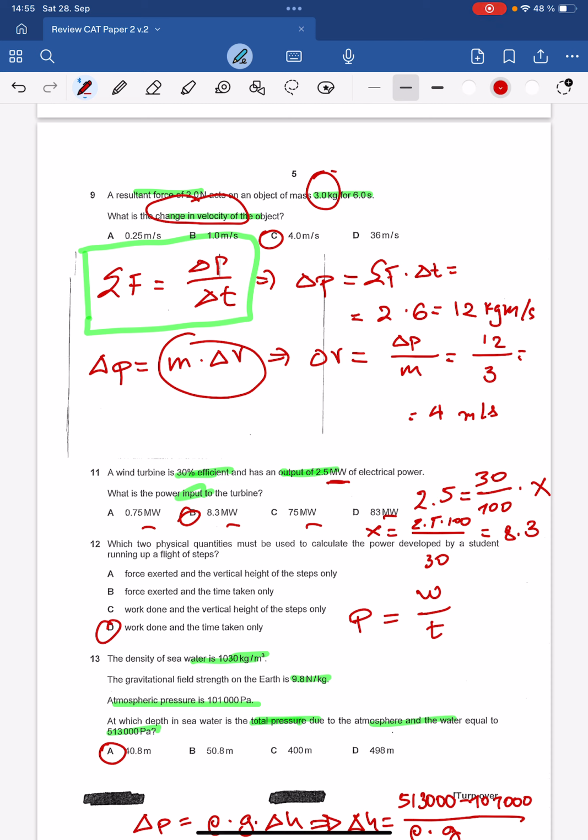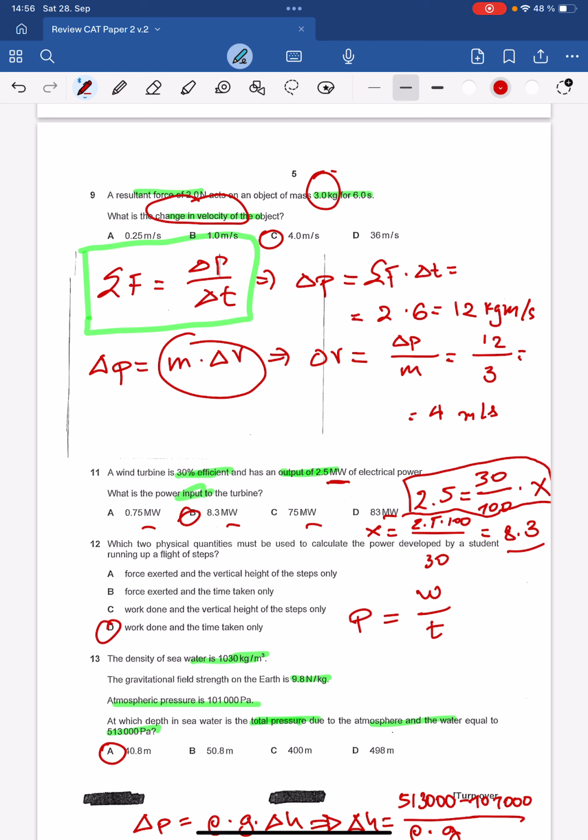So the output is always equal to the efficiency times your input. If you are able to write down this equation, you should be fine. So 2.5 is equal to 30%, which is 30 over 100, or 0.3, times X. And X is the value that you're looking for. So you solve this very carefully and you realize that X is equal to 8.3 megawatts, so the answer is B.